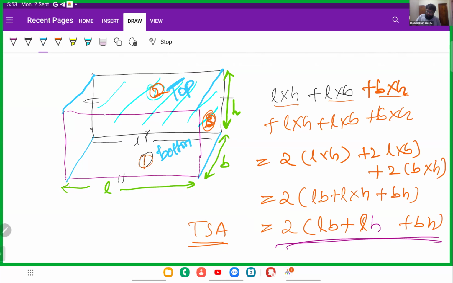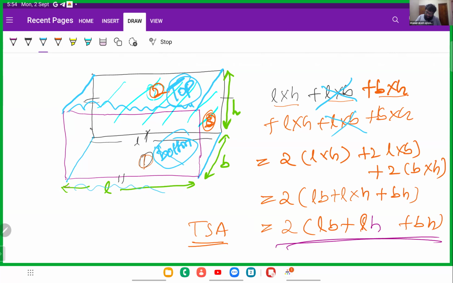If I remove top and bottom, what is the area of top? Length into breadth. And the area of bottom? Again length into breadth. So I'm removing 2 times length into breadth.